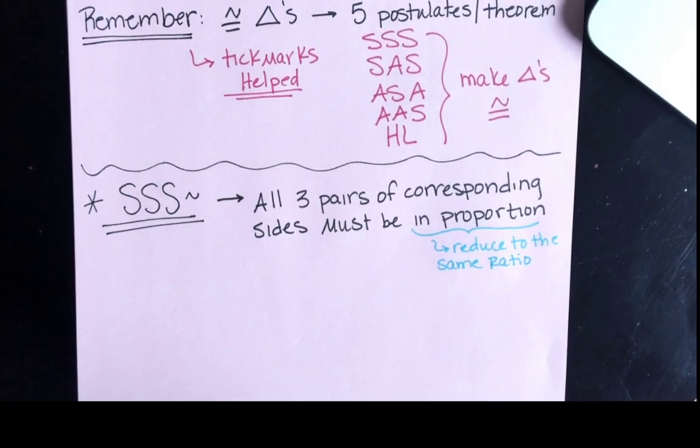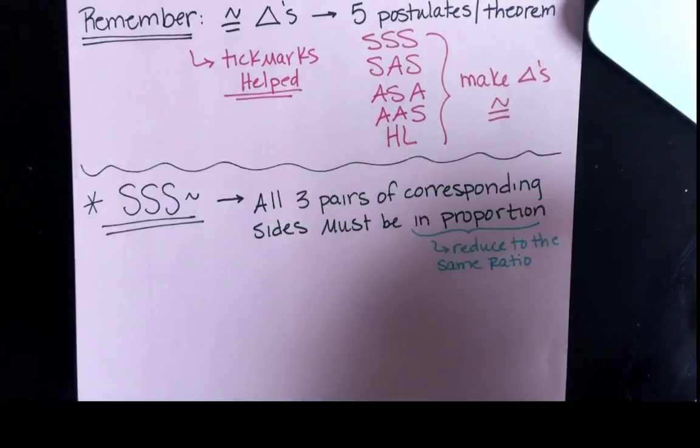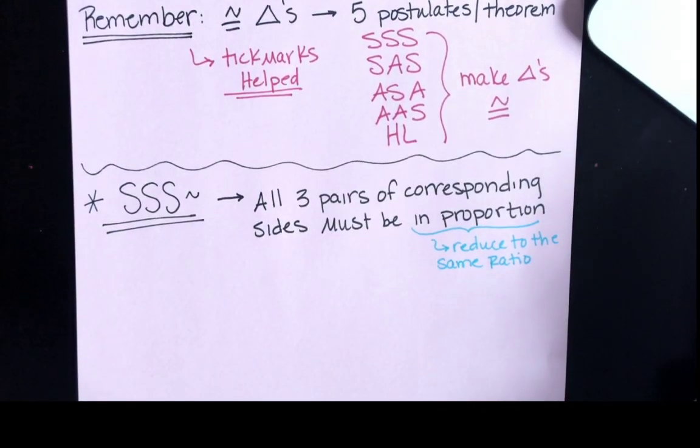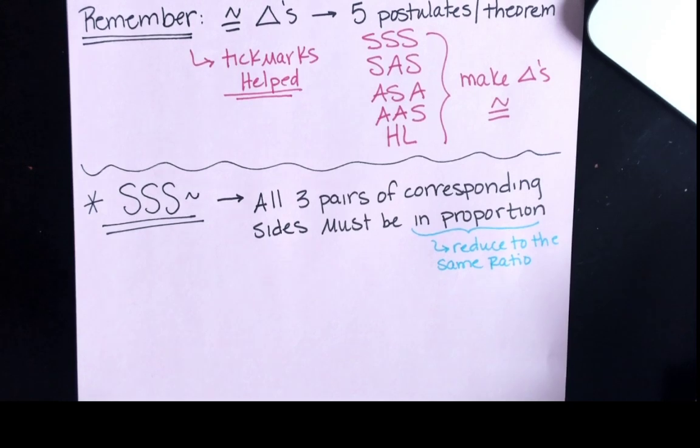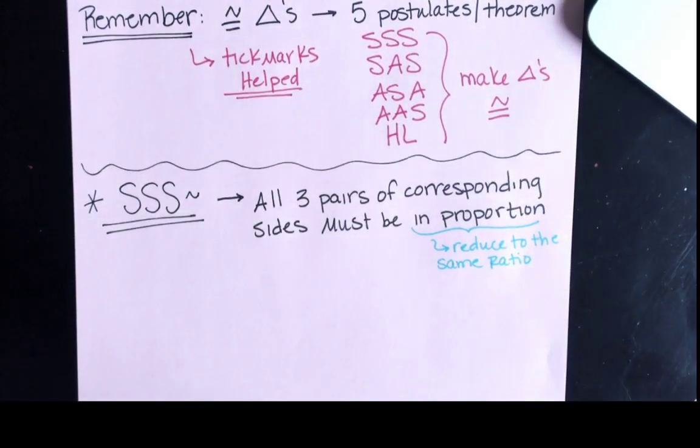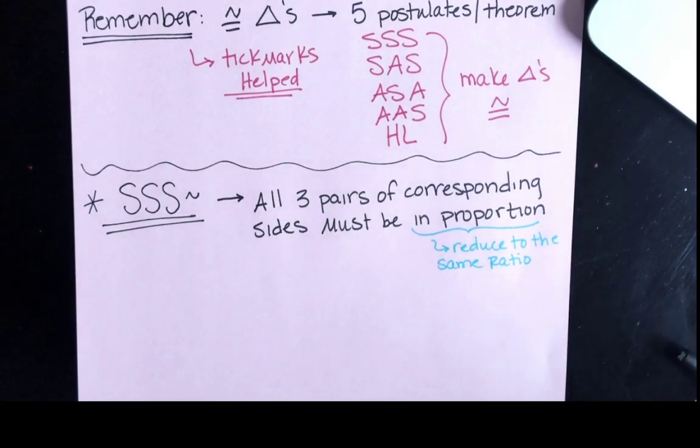And we called that in this chapter when we say that they all reduce to the same ratio. Anybody know what that ratio is called when every side reduces to the same thing? We have a special name for it now. When it reduces to the same ratio, what's that special word that we use for it now?